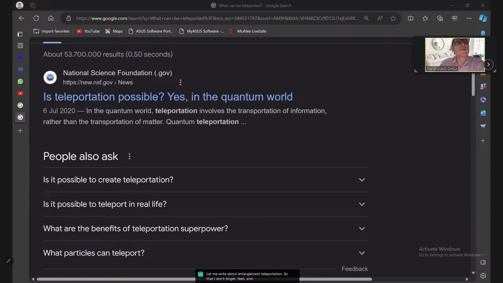Any other questions, please? So maybe this is the future of telecommunication, teleportation. It's been around theoretically for many years, but still, just like quantum computers have been around for many years, they're still so expensive, so hard to operate.